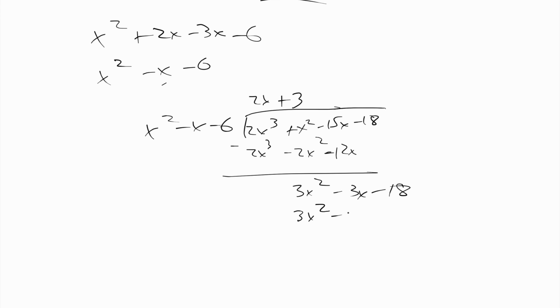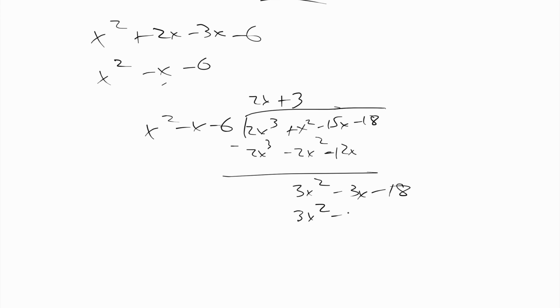So we have the final quotient right over here, and that means x minus 3 times x plus 2 times 2x plus 3, and we also cannot forget about the leading coefficient, which is 2.